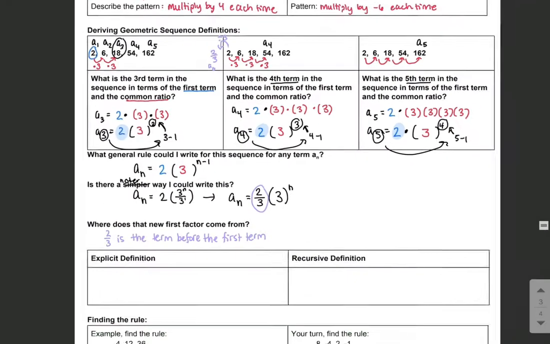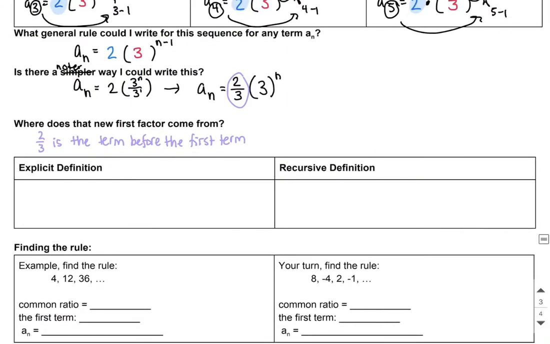All right, let's write an explicit definition for any scenario with any list, and a recursive definition. So for the explicit definition, we have 2 things we can write. Explicit is in terms of the first term, and the recursive definition is based on the previous term.